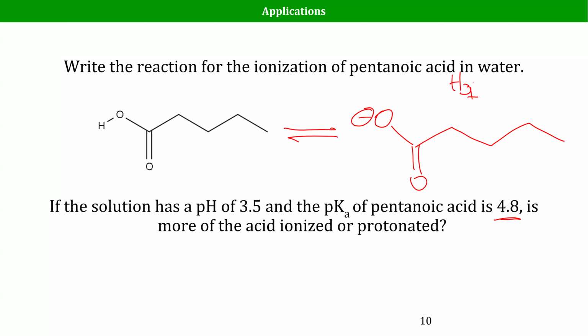Remember, if you like thinking in terms of Le Chatelier's principle, it can be helpful to write the other reactants out, and think about it in terms of if I started at the pKa. If I started at 4.8 and I needed to take it to 3.5, I have to dump a bunch more acid in, right? Which is H3O plus. So if I'm dumping a bunch more acid in, equilibrium shifts the other way.